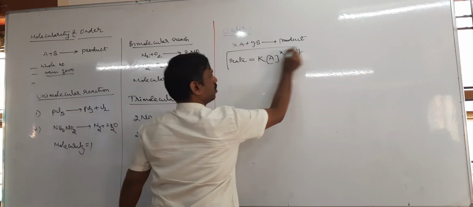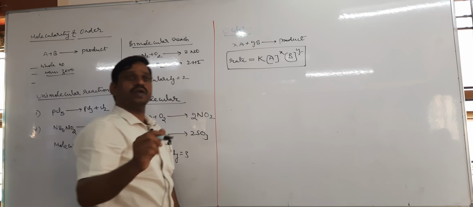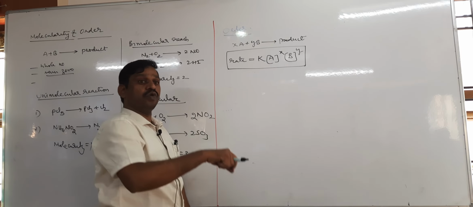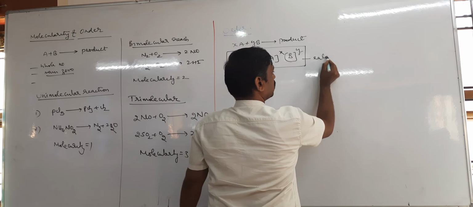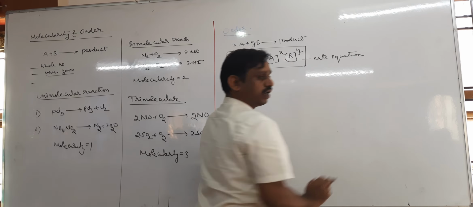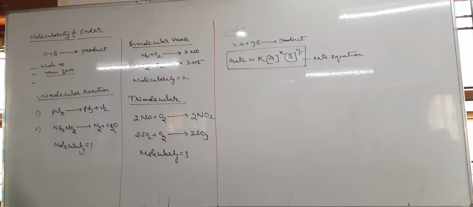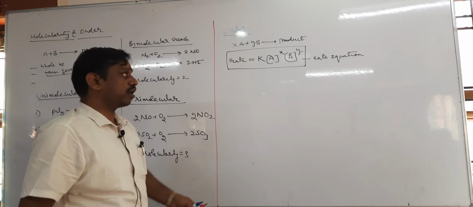Now this is called the experimentally determined rate equation, not a simple rate equation. Experimentally determined means experimentally proved. Now tell me, what is the order?